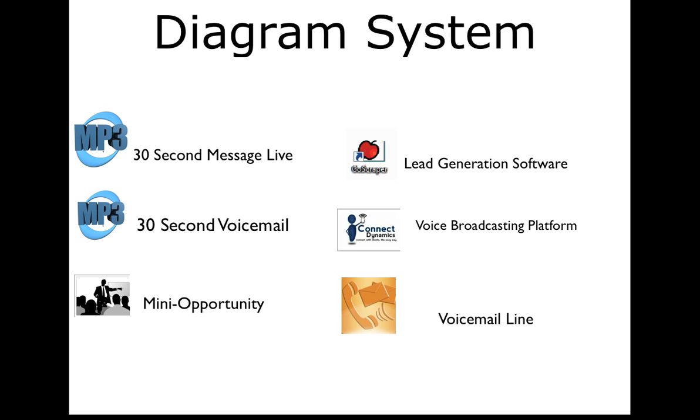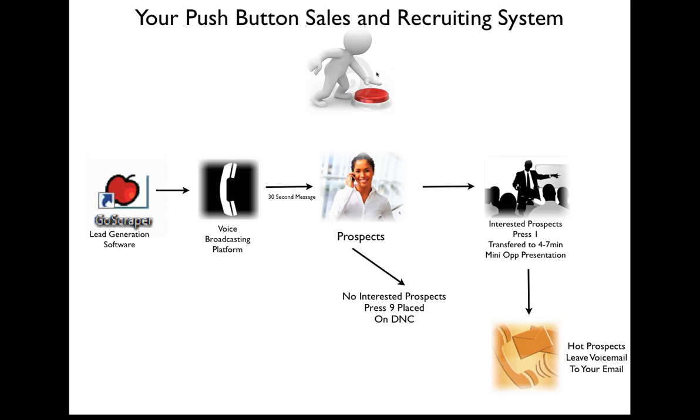Okay, and in this following slide here, I've kind of created a diagram for you. It starts on the left, where you actually press a button to get your leads, import those leads into your voice broadcasting platform. You'll also import your 30-second message into your voice broadcasting platform. The platform will call prospects, deliver that 30-second message. Prospects who are not interested will press 9 to be placed on your do not call list.